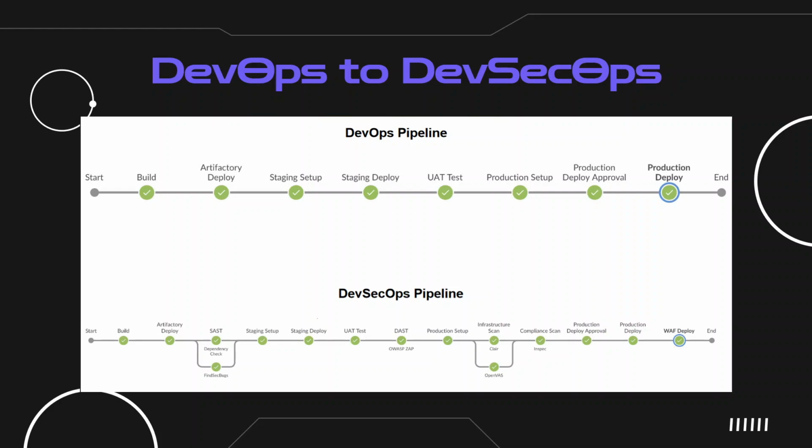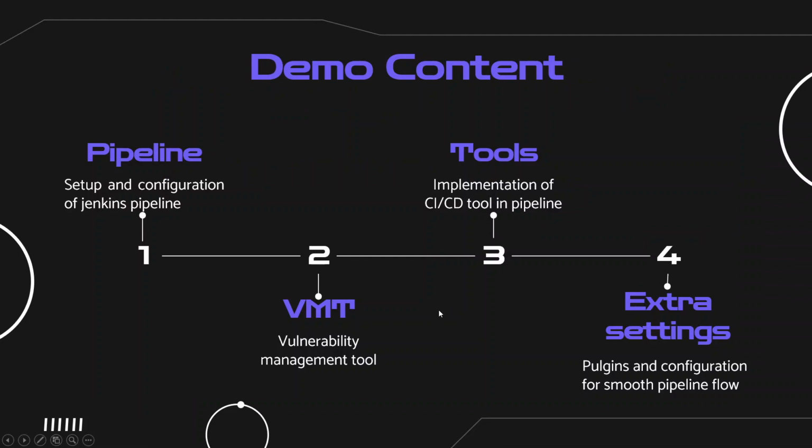We'll create our own pipeline, and after this I'll be posting one video at a time about how we can set up Jenkins, how we can set up DefectDojo, how we can create a pipeline in Jenkins, and how we can integrate the tools: SAST tool, DAST tool, SCA tool, vulnerability management tool, and things like that. So, the demo content. After this video, I'll be posting my first video, related to the pipeline: how we can set up and configure the Jenkins pipeline.